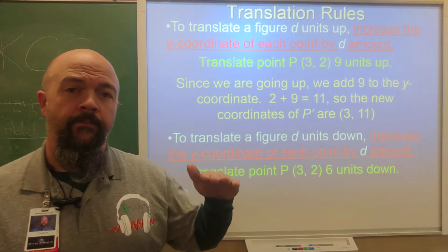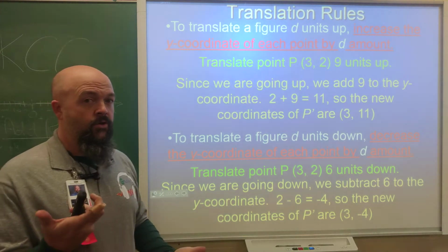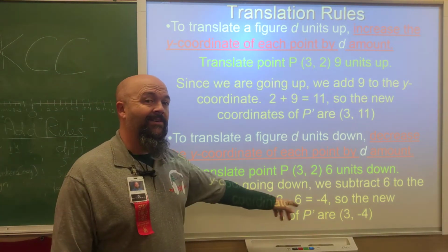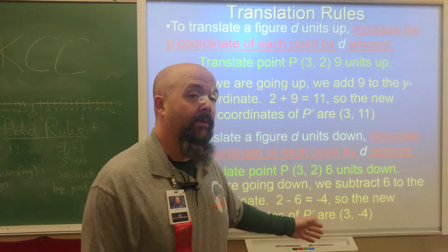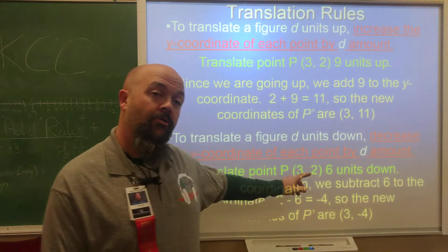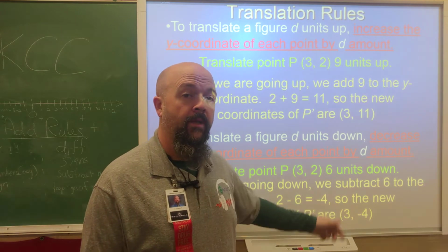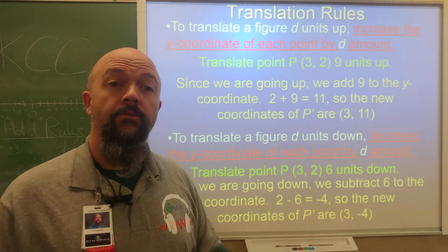And we're going to move it 6 units down. So through subtraction again, integer subtraction, we have a 2. We're taking 6 from it. That result's going to give us a -4 because of integers. So our new translated point becomes 3, -4. It is translated downward 6 units and it becomes 3, -4.